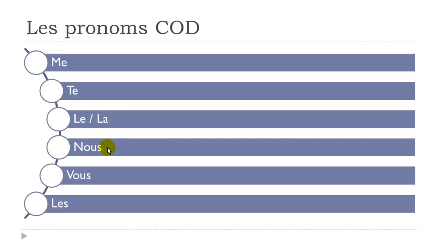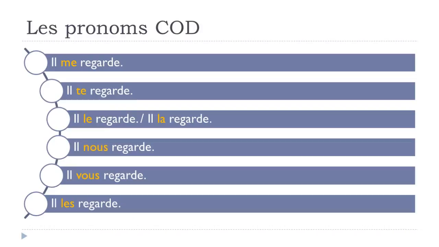So basically it's quite easy to memorize this one. Same thing here. Second person of the plural, vous. And then third person of the plural, les. All right, so me, te, le, la, nous, vous, les.